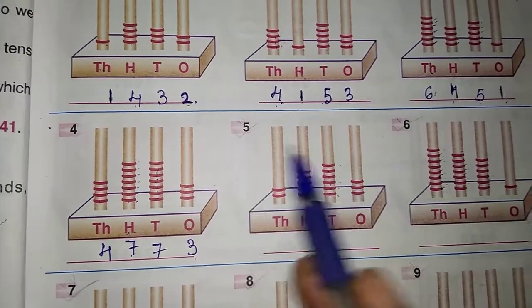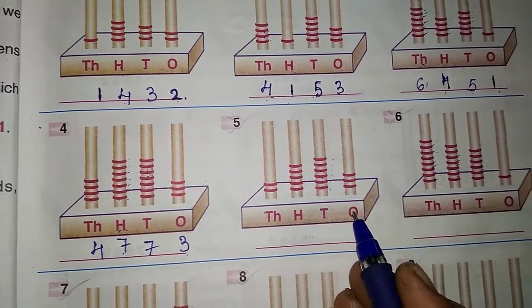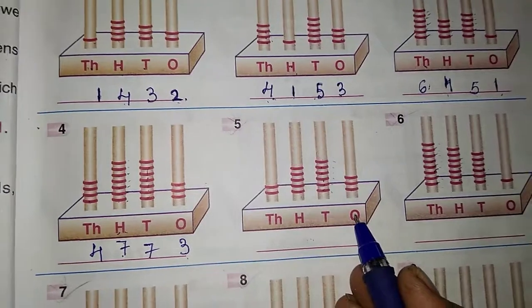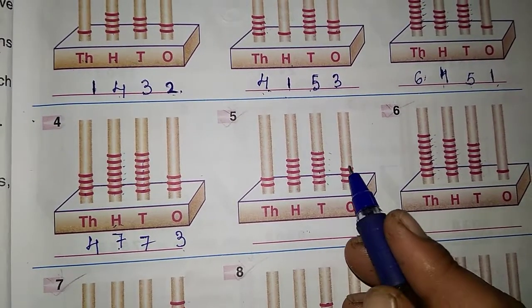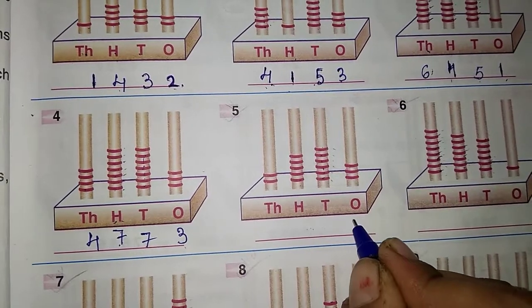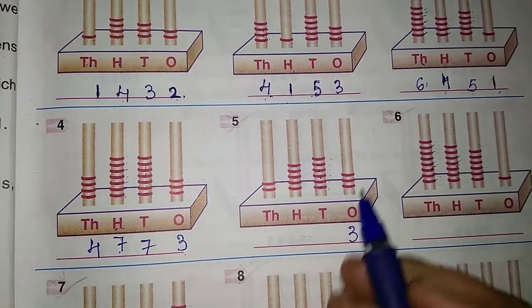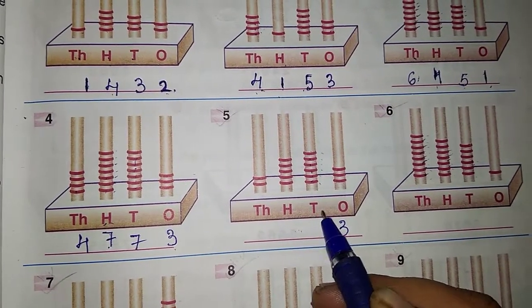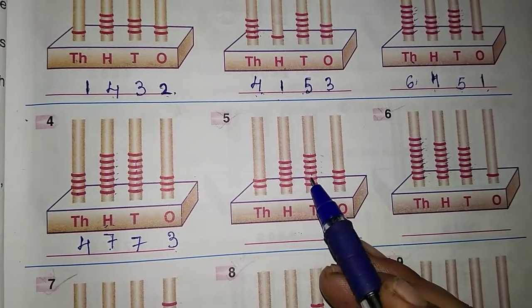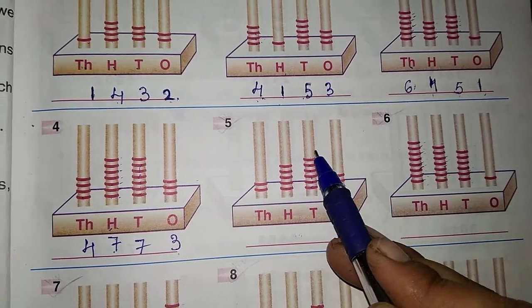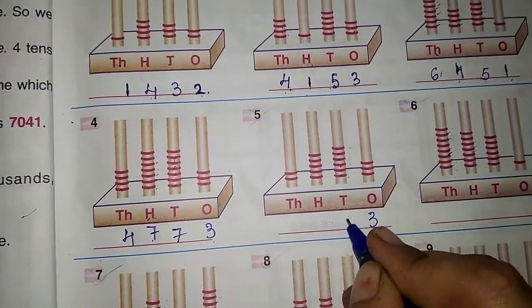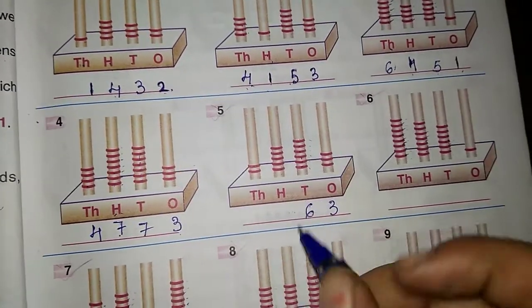Now fifth one children. In a one spike, how many rings are there children? You have to count. 1, 2, 3. Right here 3. In a 10 spike, how many rings are there children? You have to count now. 1, 2, 3, 4, 5, 6 rings are there. Here you have to write 6.